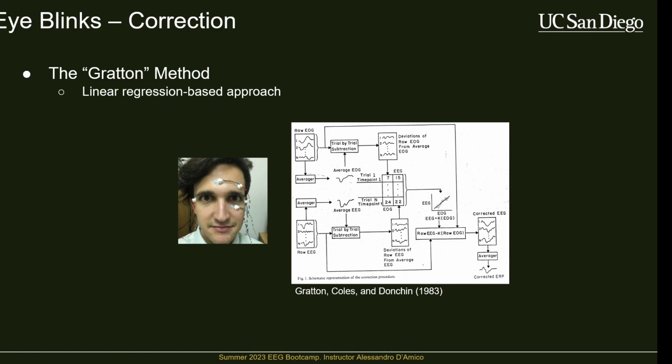Yeah. Since ICA is so computationally expensive, is this Gratton method used more commonly in BCI? Gratton is used in BCIs, but it's not that common. People have been using artifact subspace reconstruction, which is another algorithm for removing blinks. It does a really good job with blinks and slower oscillation artifacts in general.